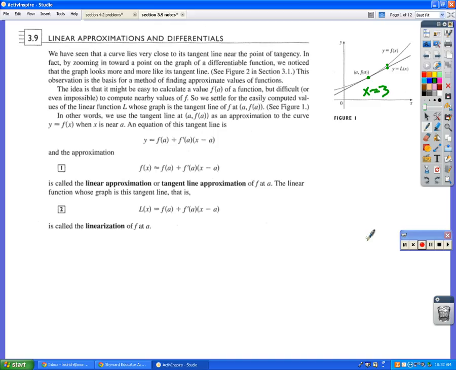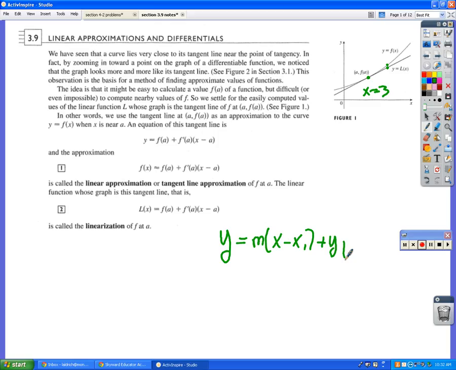So instead, we settle for the easily computed values of a linear function L, whose graph is the tangent line of f at a. And so here's what we're going to do. You are familiar with the point slope form, I'm sure: y equals the slope times x minus the x coordinate plus the y coordinate.